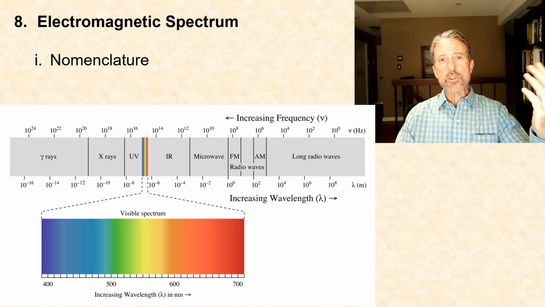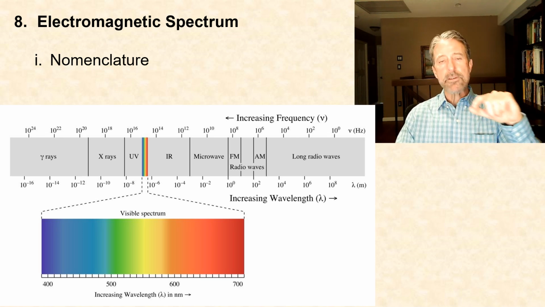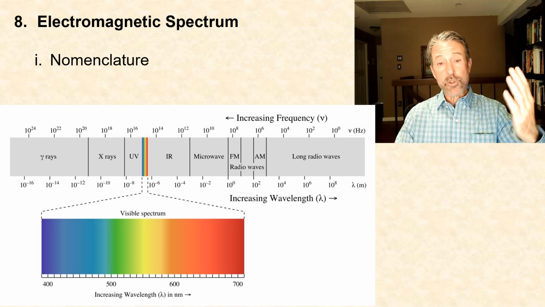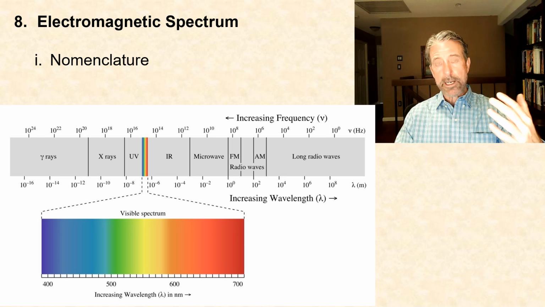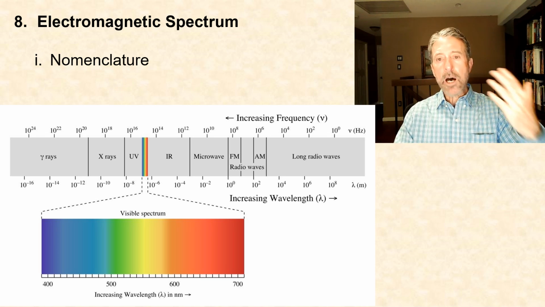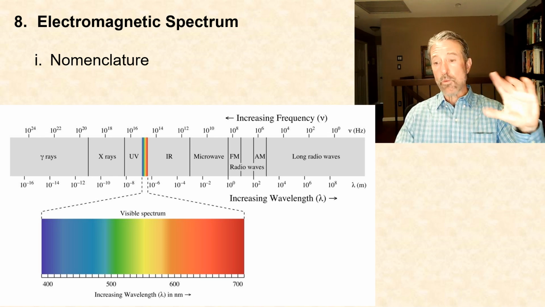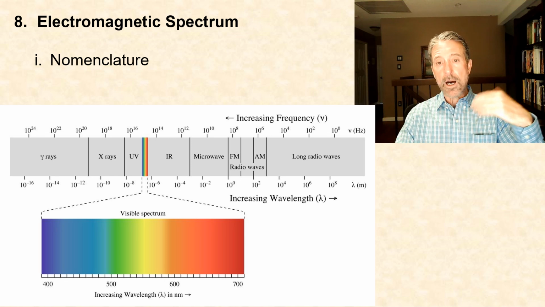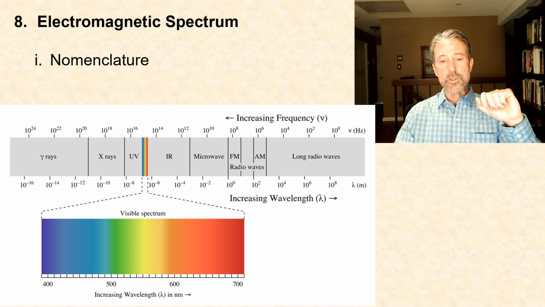So high frequency, high energy waves are small in wavelength and vice versa. By contrast, when you look at the radio end of the electromagnetic spectrum, you see that wavelengths can vary from several meters, when we're talking about FM radio waves, to hundreds of meters when we're talking about AM radio waves. So these long wavelength waves in the AM portion of the spectrum are low energy, low frequency waves.